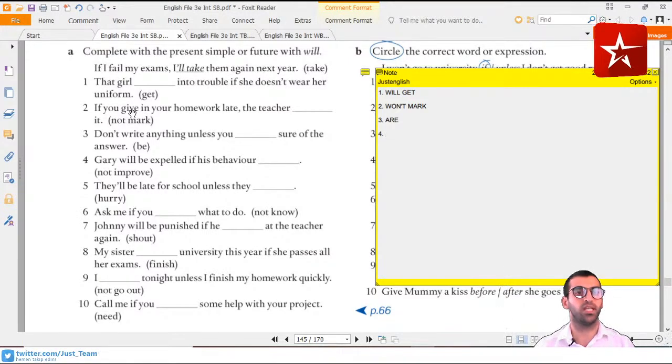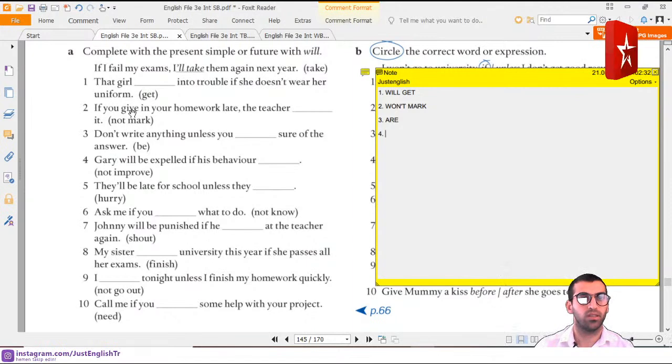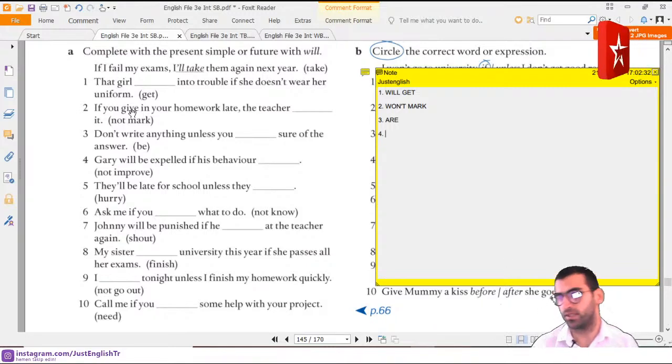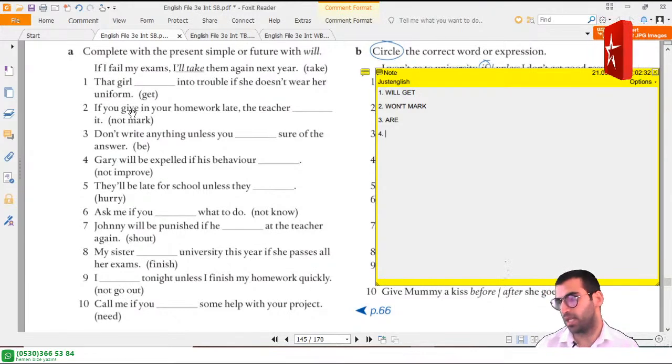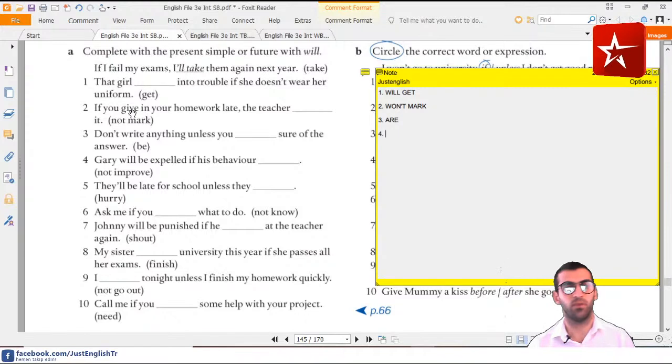What about number 4? Gary will be expelled if his behavior blah blah blah not improve. Expelled means atılmak. For example, you might be expelled if your behavior is not good, if you misbehave. Pelin, Azime, and Minever say doesn't improve and won't improve.